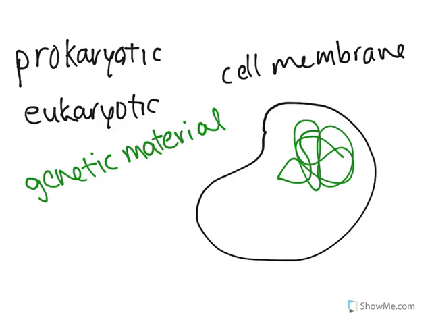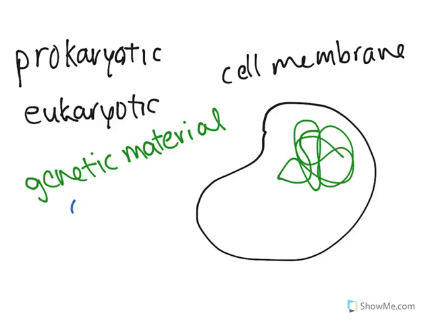The reason for this is one, they need to pass on their genetic information to future cells. So if they make another cell, they want it to be the exact same so they can continue living on with their legacy or with future generations. So they need to pass on the information of how to be just like themselves through genetic material. So that's why all cells need genetic material.